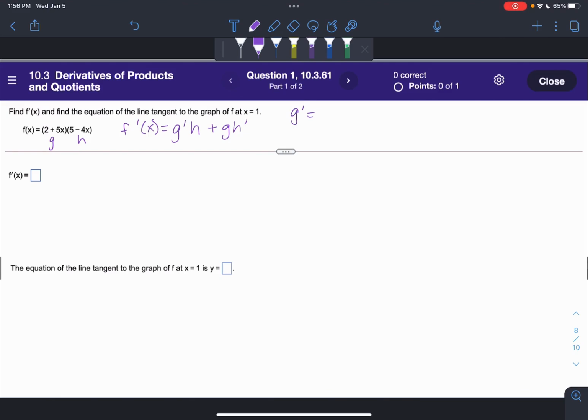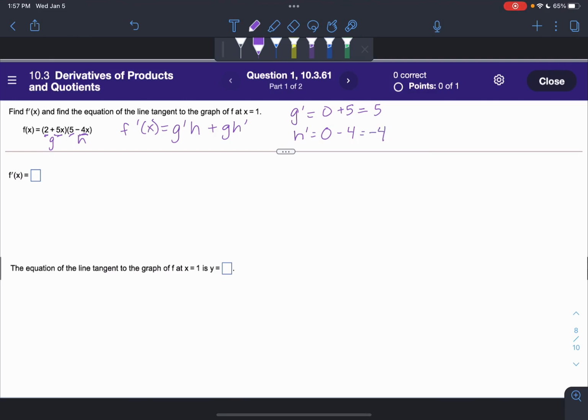g prime, so I have 2 here, that's going to be 0, right? The derivative of 2 is 0, plus the derivative of 5x is just 5, so my g prime is 5. Let's find h prime. So my h, I have 5, its derivative will be 0. And then I have a minus 4x, so minus 4.